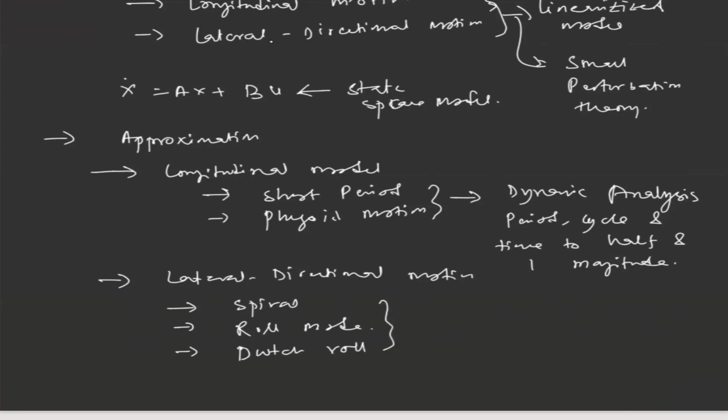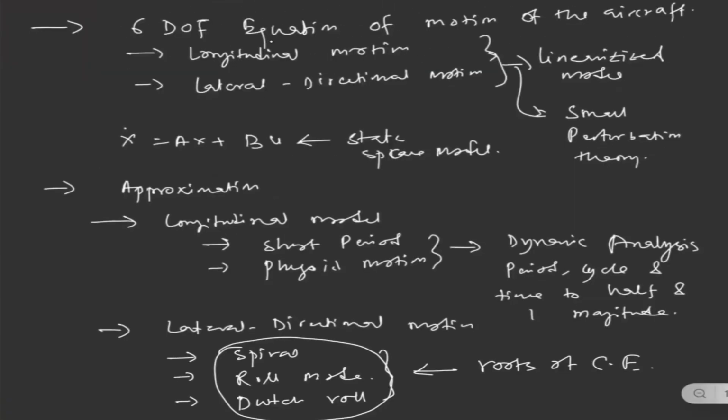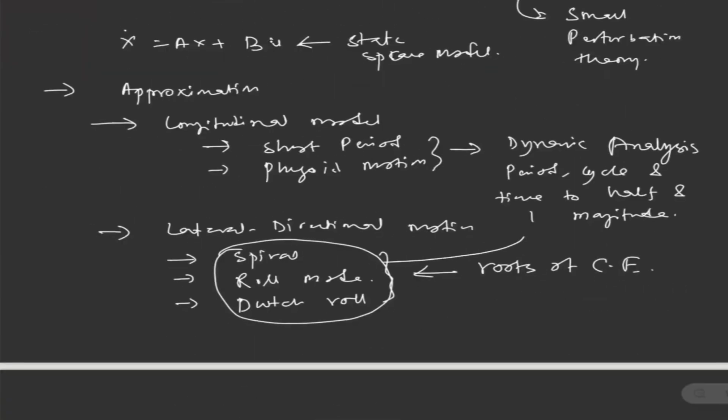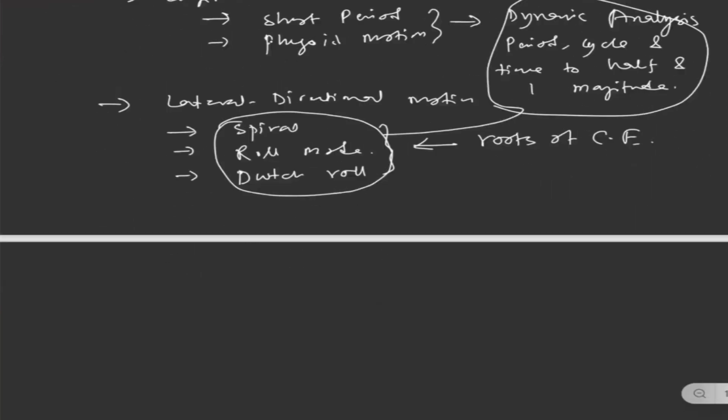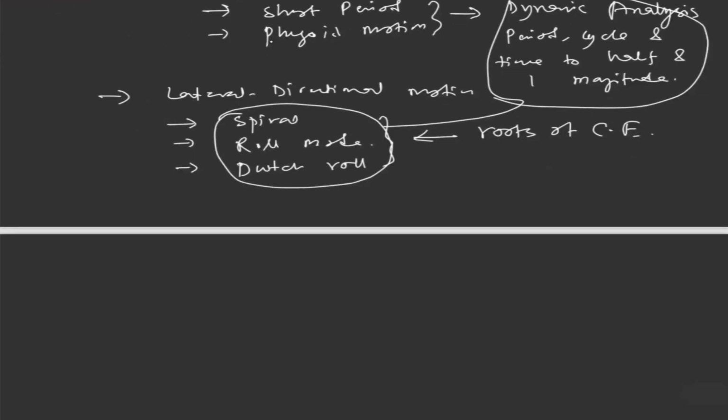These approximations came from the roots of the characteristic equation, based on the damping ratio and natural frequency of the roots. Then we also discussed the dynamic analysis for these three motions using the concept we used for the longitudinal approximations.